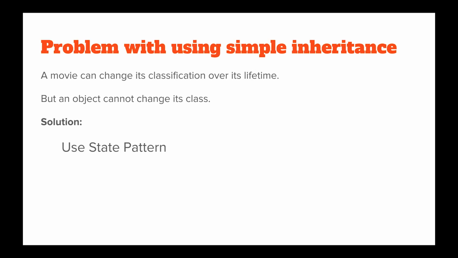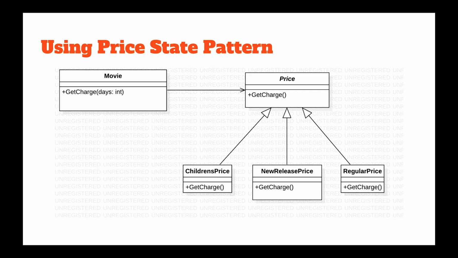So the solution is instead to use the state pattern, to be able to configure the state of our category. Instead of using a subclass, we create a property or attribute of movie, which holds an abstract price object, which has the get charge abstract method, and underneath it we have subclasses for children's price, new release price, and regular price.